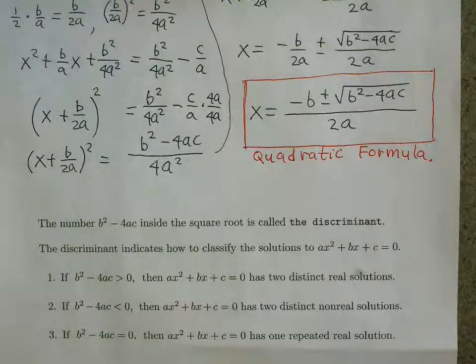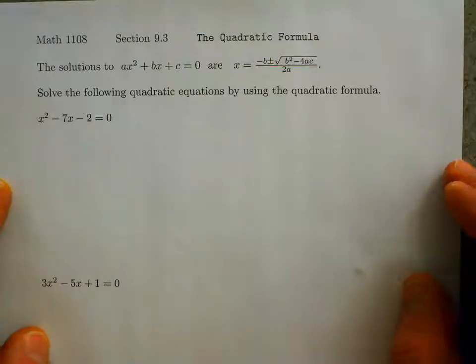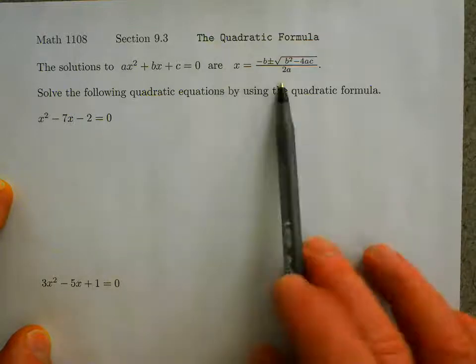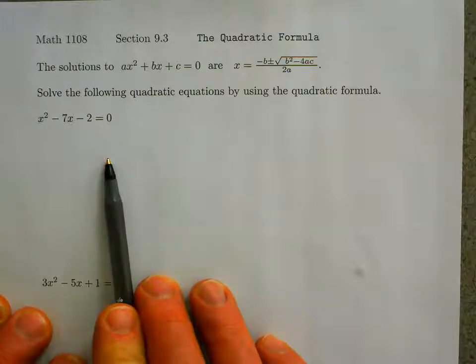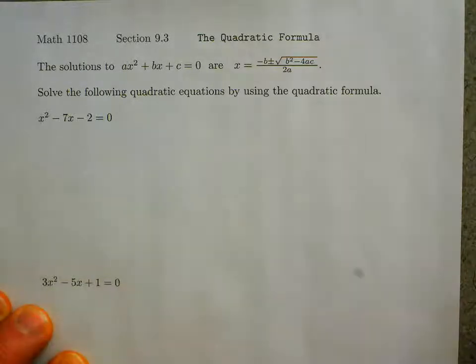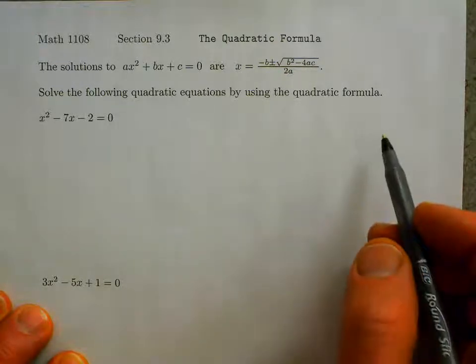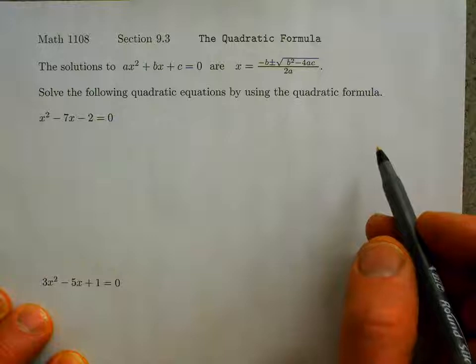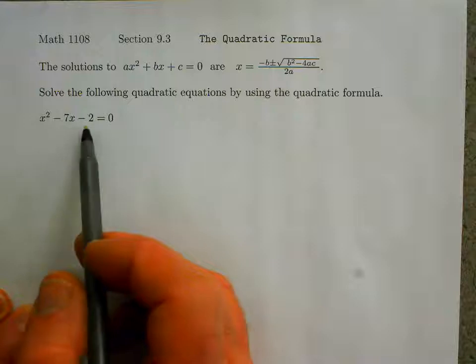Okay, we'll solve a bunch of equations using the quadratic formula. So here's the quadratic formula up here. You need to practice using the quadratic formula, even if you always choose to solve a quadratic equation by completing the square method. So on this first one, x to the second minus 7x minus 2 equals 0.